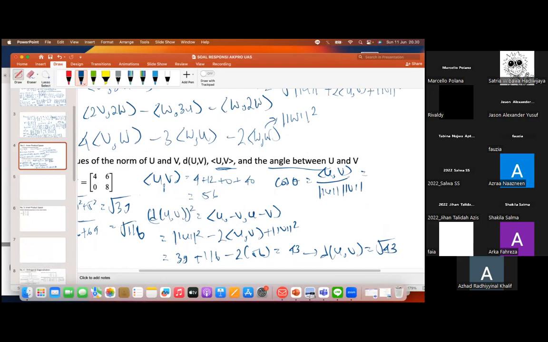So this is equal to 56 over root 39 times root 116. However, because in your exam, I think you're not allowed to use a calculator, I'm not sure something as difficult as this will come out of the exam. So we'll just leave this here so you can calculate the theta if you want by using cos inverse on this.